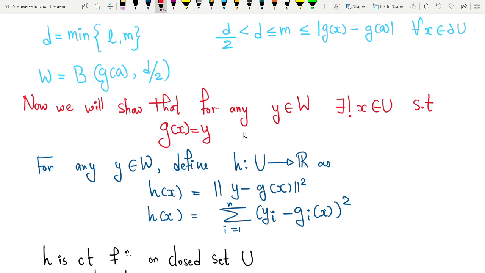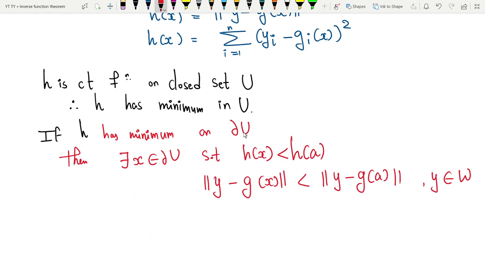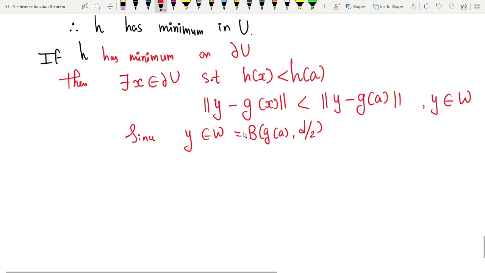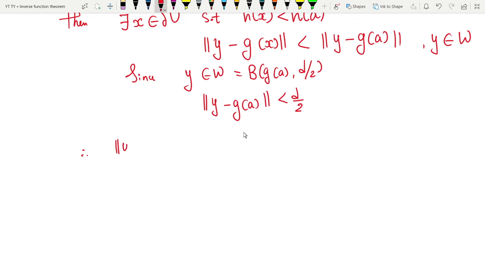W is nothing but the ball with the center g(a) and the radius d/2. So since y is an element of W, that means the distance between y and g(a), that means the norm of y minus g(a), should be less than d/2. Therefore, both of them, that is my norm of y minus g(x), is less than this norm of y minus g(a), which is also less than d/2, right?